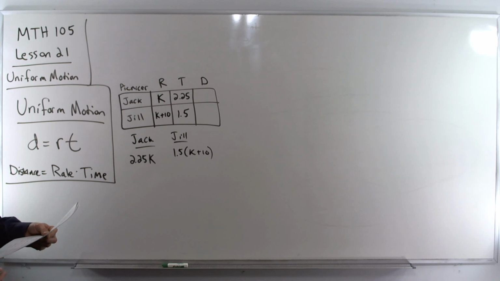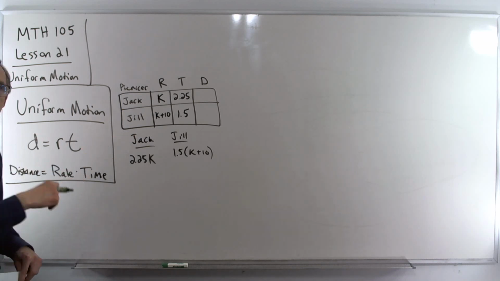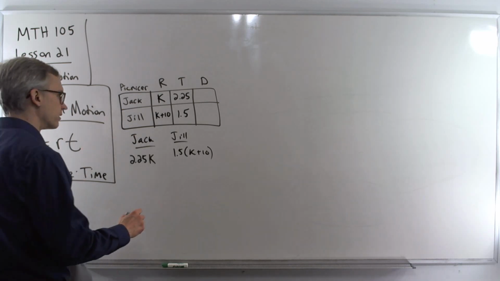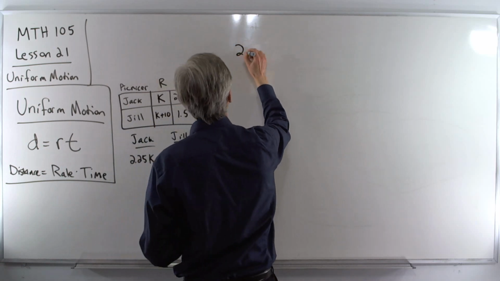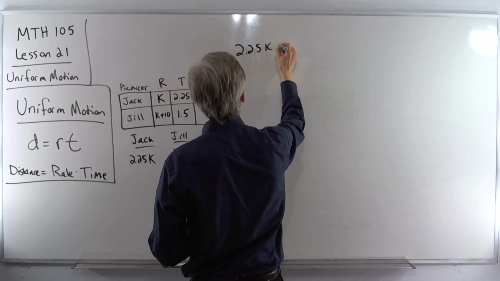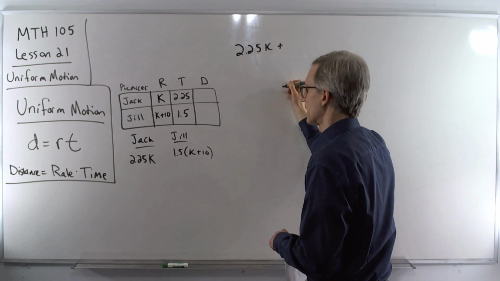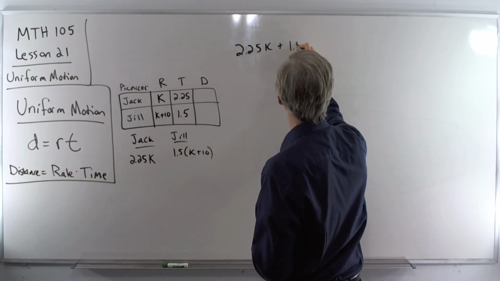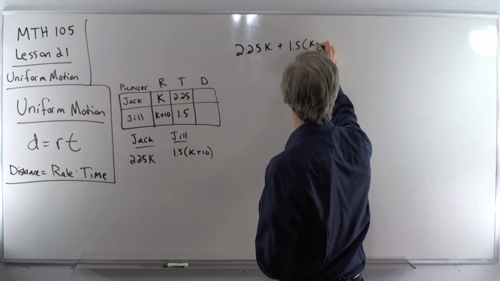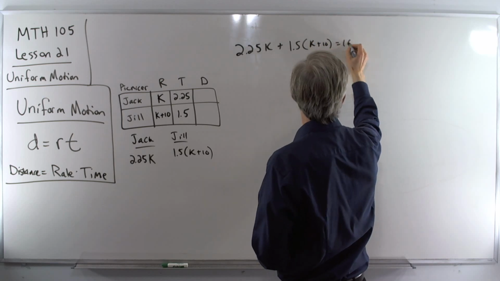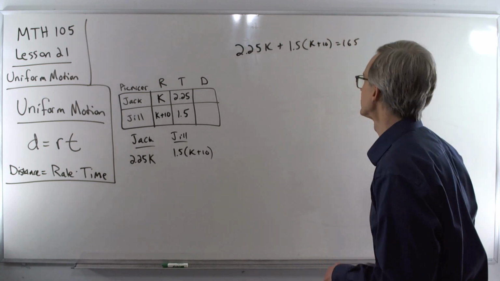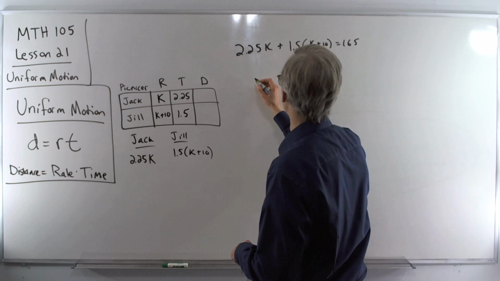So if we add up their two distances, it should equal 165. All right, so there's Jack's distance. We're going to add on Jill's distance. Equals 165. I'll distribute.